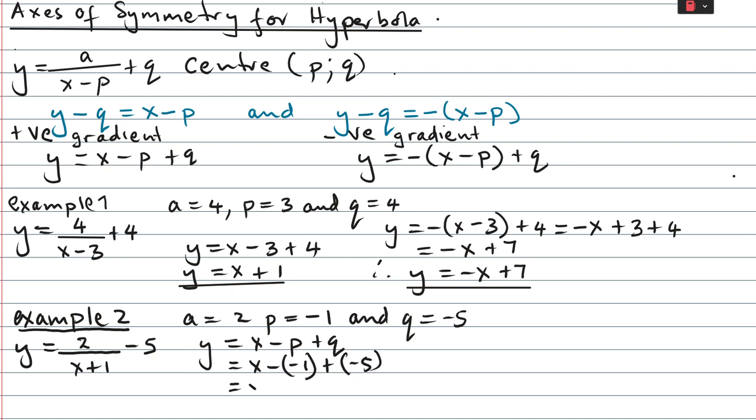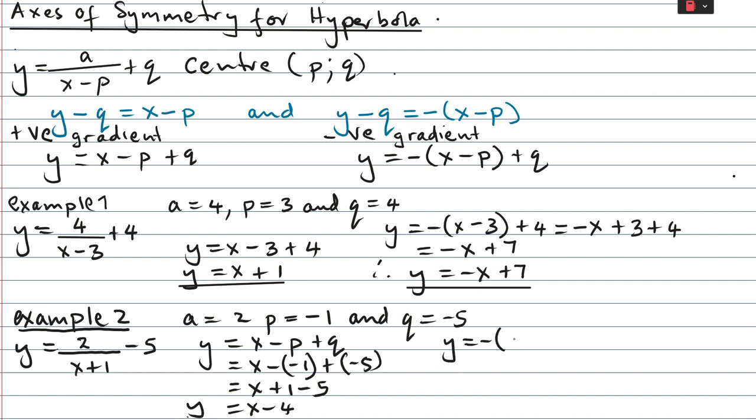So this is going to be x plus 1 minus 5. So we have x minus 4. That's the line of symmetry with a positive gradient.